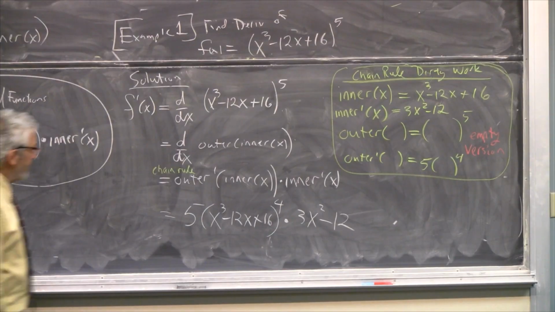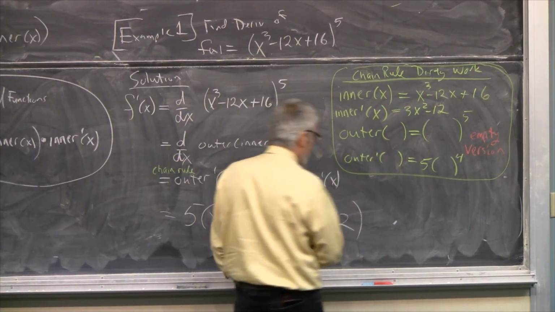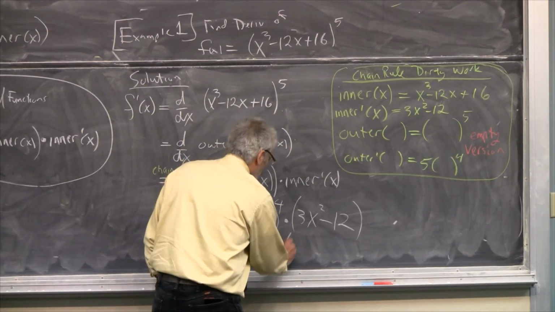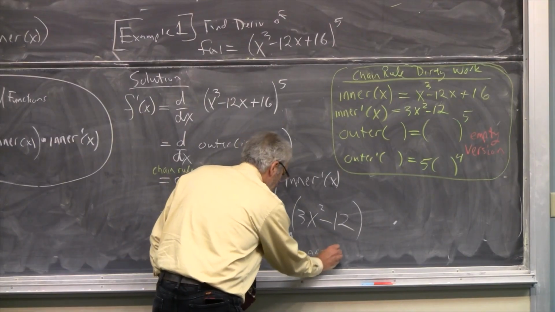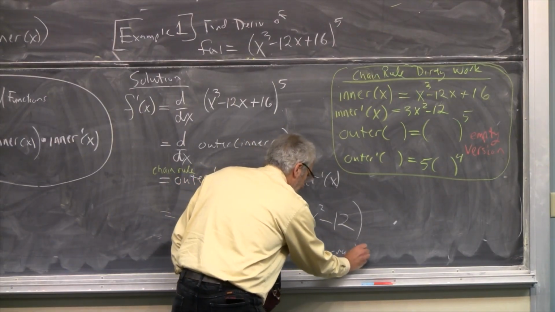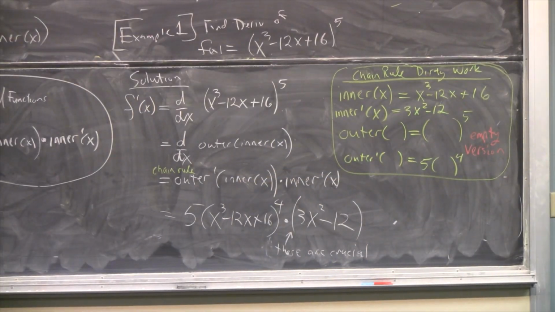Whenever I say how did I do, it's usually an indication that I made some mistake, and half the time it's the wrong parentheses. So these are crucial. If you leave off those parentheses, you've written down the wrong thing. It doesn't matter if you had the right thing in your head. What's important is that you write down stuff in the right way. And there we go. That's the derivative.